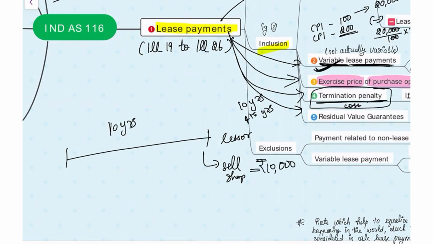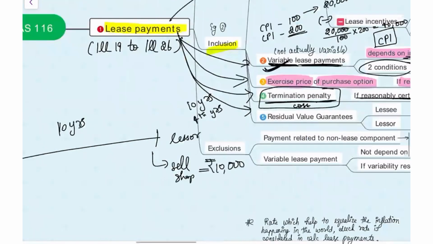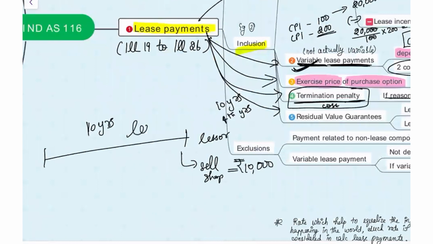Okay. So here, suppose there is a lessee, and the lessee also agrees that he will use the shop in such a manner that at the end of 10 years, if the lessor is going to sell the shop, he will get 10,000 rupees.